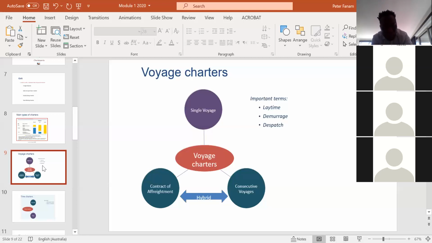Anybody have any idea what consecutive voyage means?